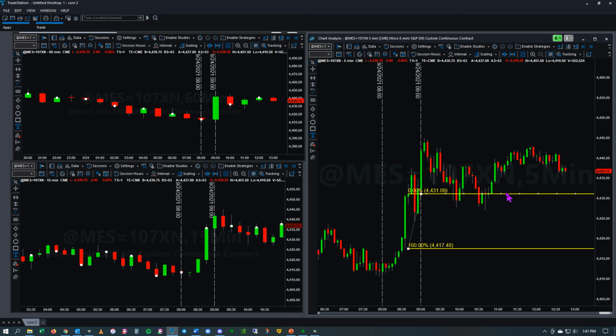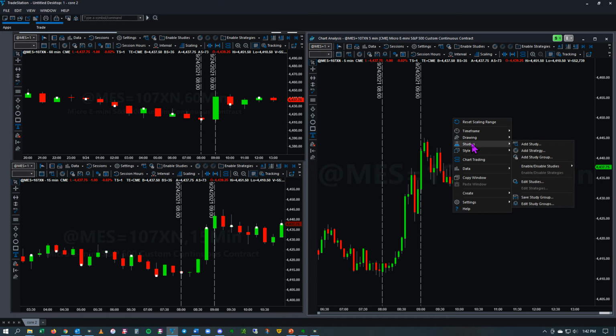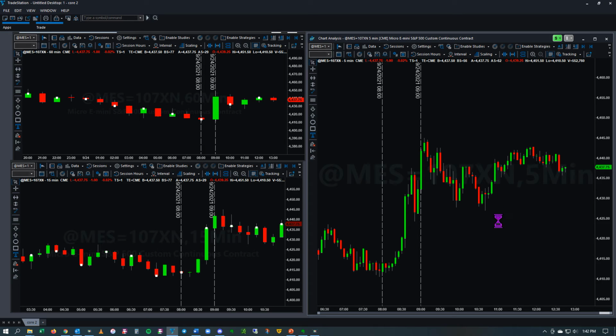So I'm going to remove this now. And we've actually created an app for TradeStation, which helps you find areas of supply and demand. And I will go ahead and turn that on here, and you can see what that looks like.